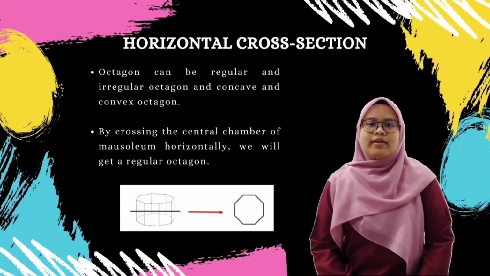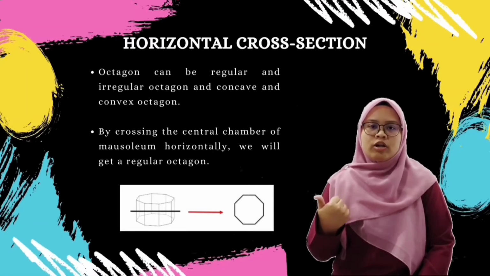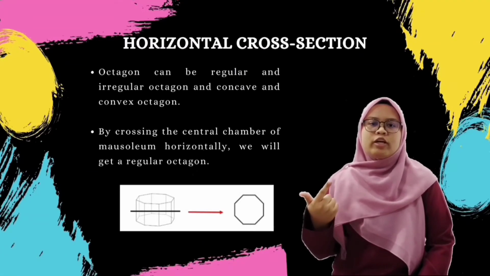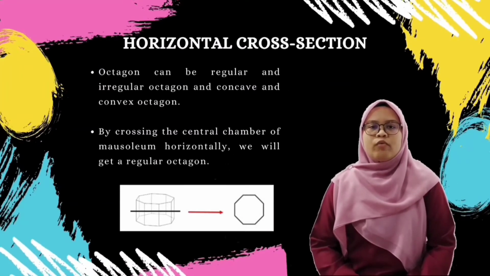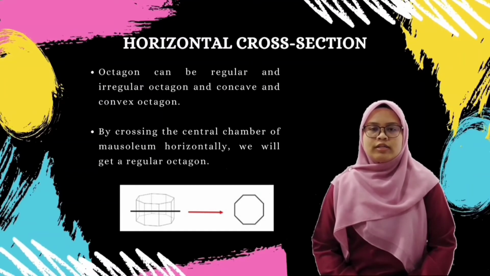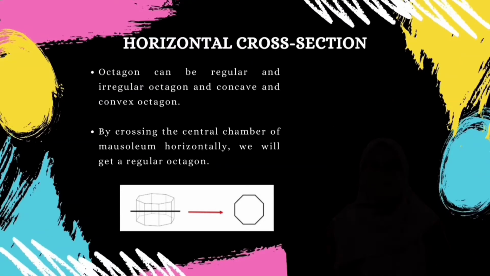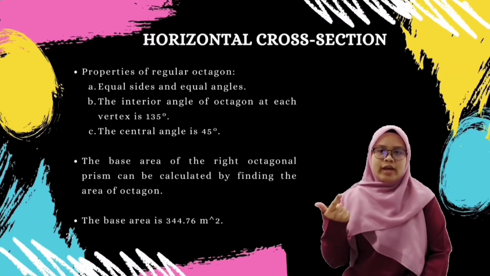Octagons can be classified into the following categories: regular and irregular octagons, and concave and convex octagons. In the Taj Mahal building, the octagon shape that was obtained from crossing the central chamber of the mausoleum horizontally is a regular octagon. This is because it has equal sides and equal angles.